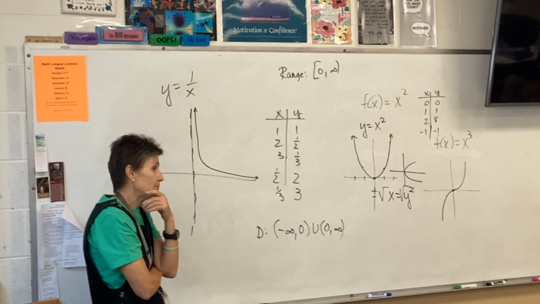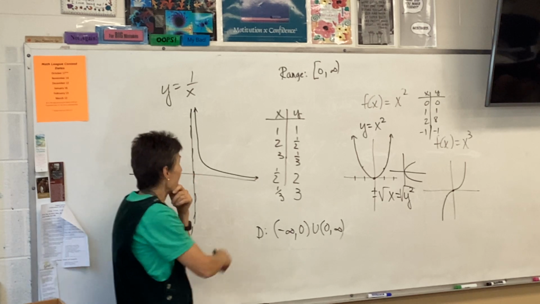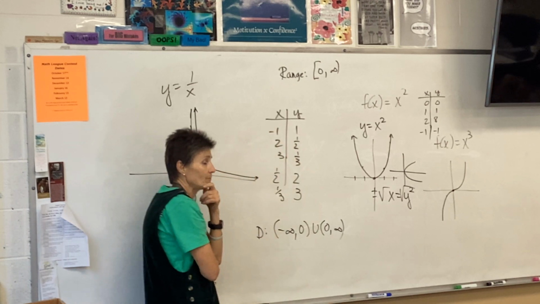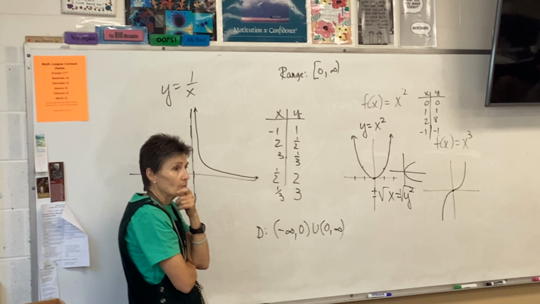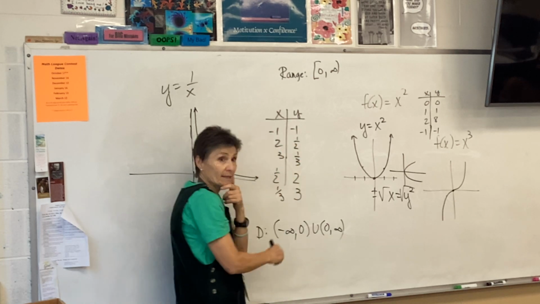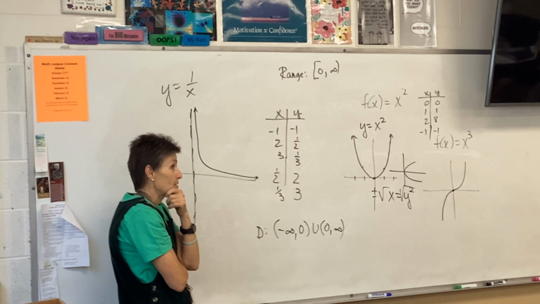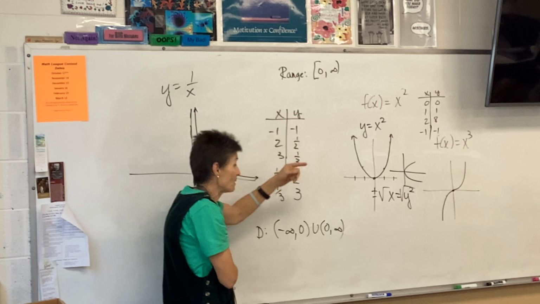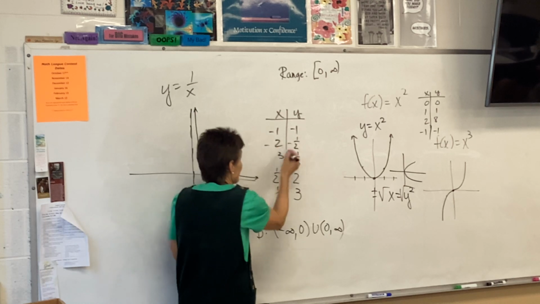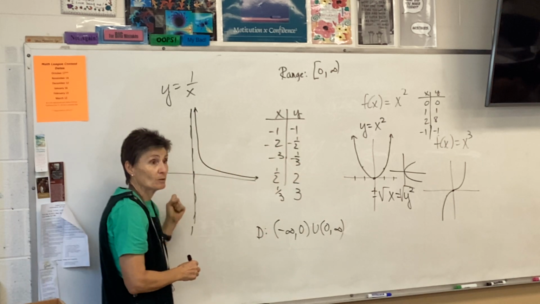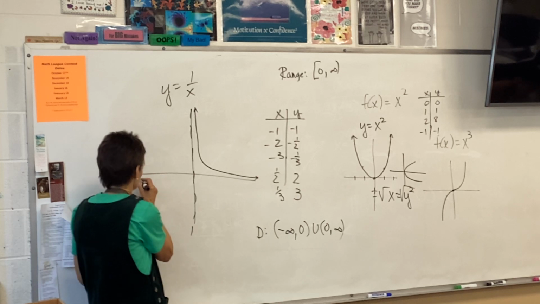Could x be negative? What's going to happen if you make x negative? It's just going to make y negative. Another odd function, right? So where's that point going to be? We're going to have that very same shape because it's the very same points, but it's going to be in quadrant 3.